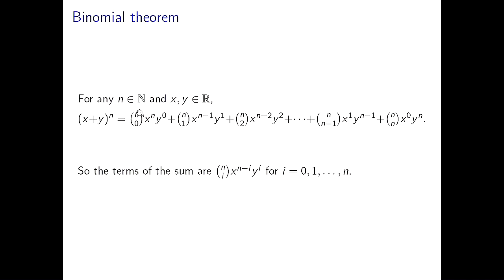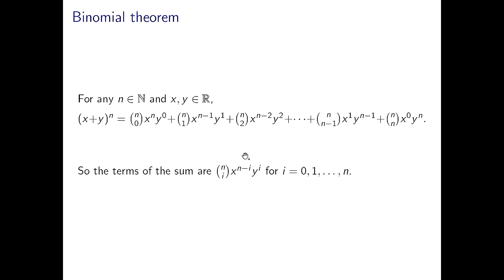So each term looks like n choose i, x to the power of n minus i, y to the power of i. Right, so of course my powers of x and y always have to add up to n because I'm choosing i y's and n minus i x's.